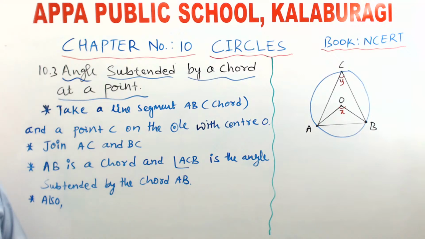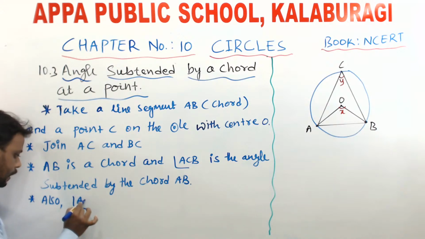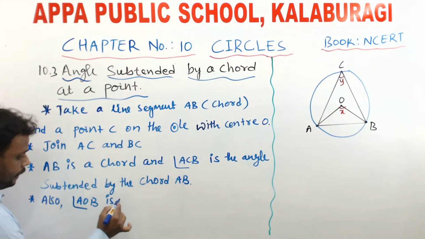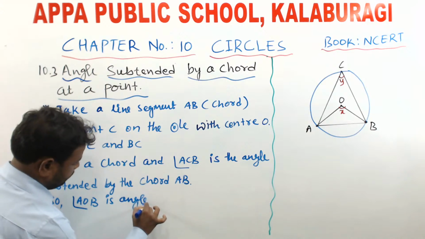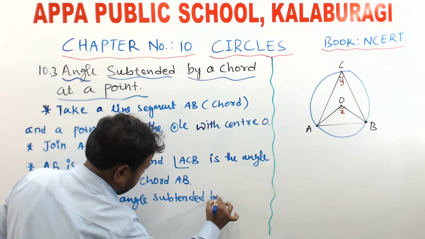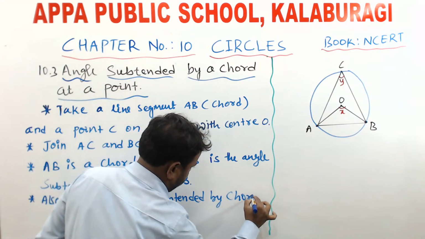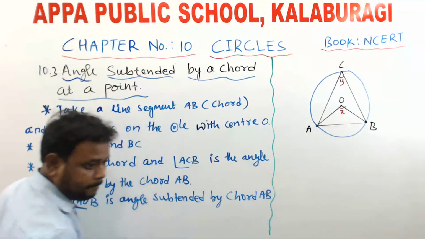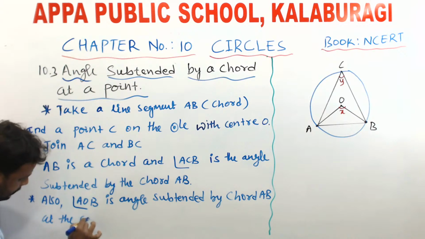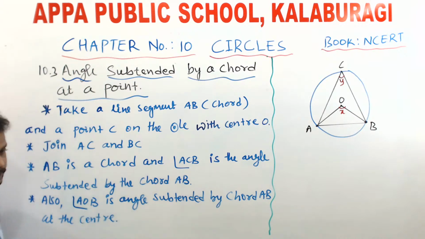Also, listen here. Angle AOB is the angle subtended by chord AB at the center.